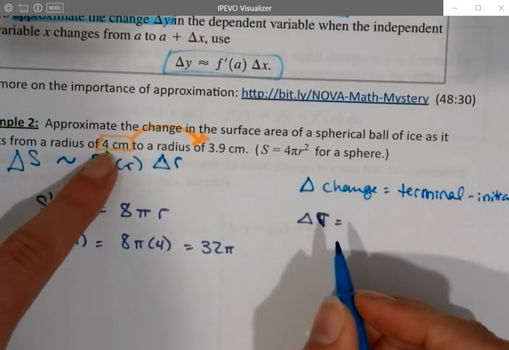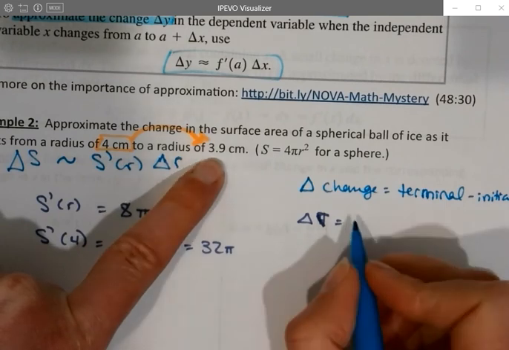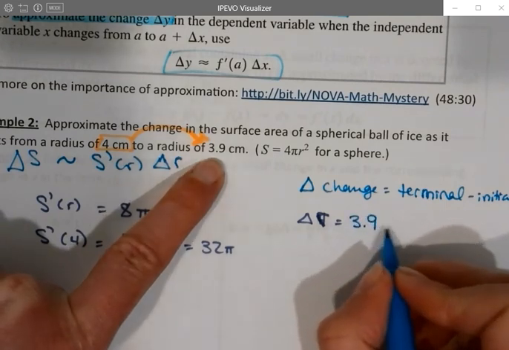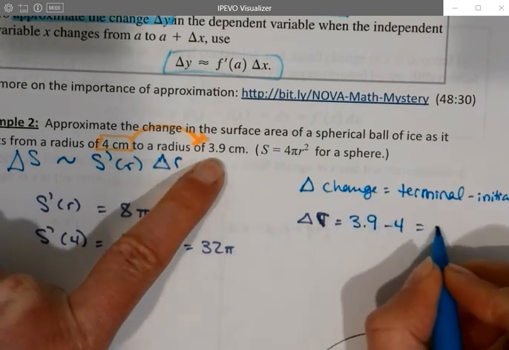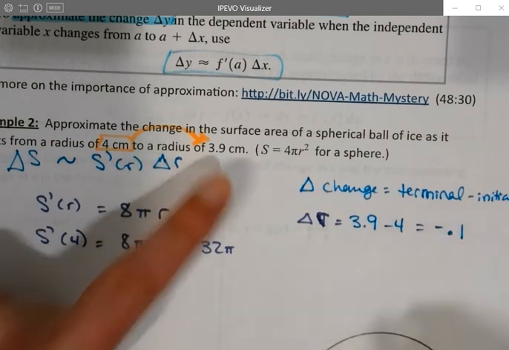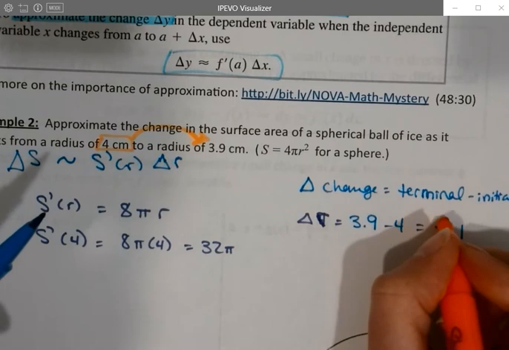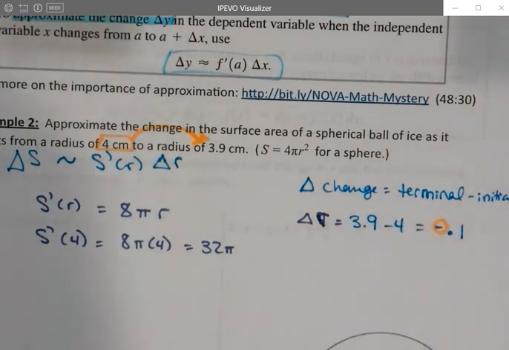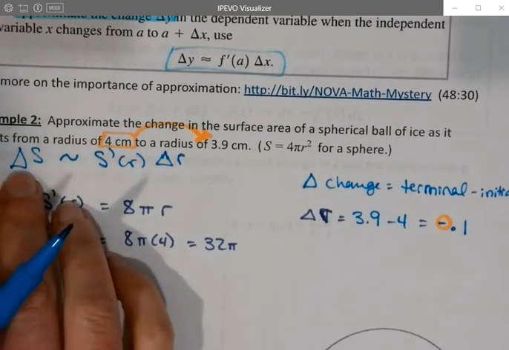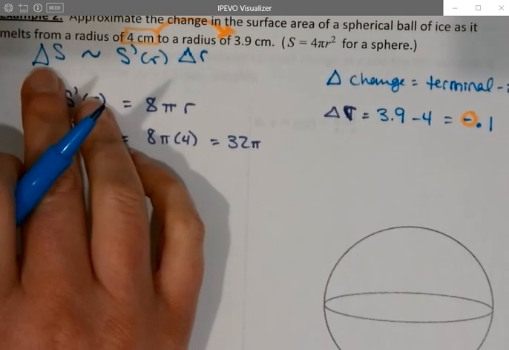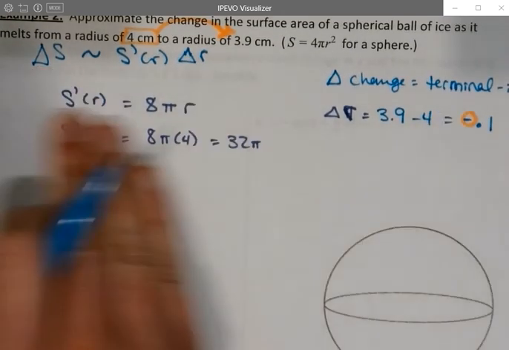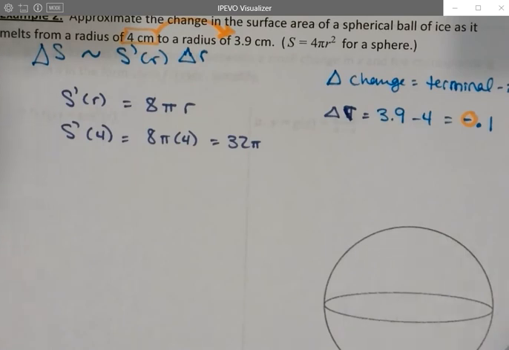Since I was at 4 and I shrunk to 3.9, this is a change of 3.9 minus 4, or negative 0.1. Because I'm shrinking, I do want delta r to be negative, if you compute the subtraction as terminal minus initial. So the sign on delta r is going to matter, as is the sign on delta x. We want to get the correct sign on both of those. I'm not just doing the magnitude of that difference, I'm doing the full difference.